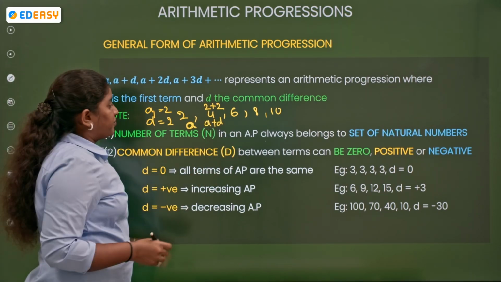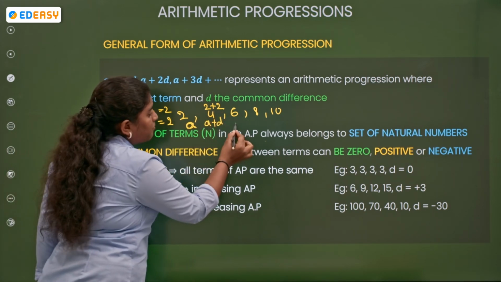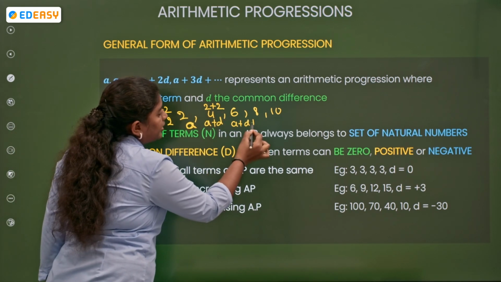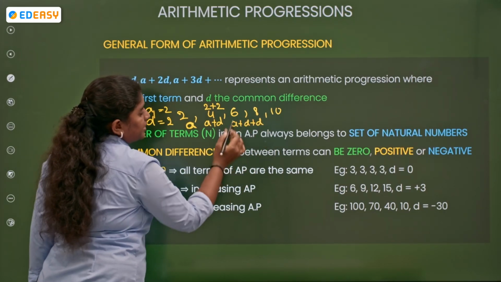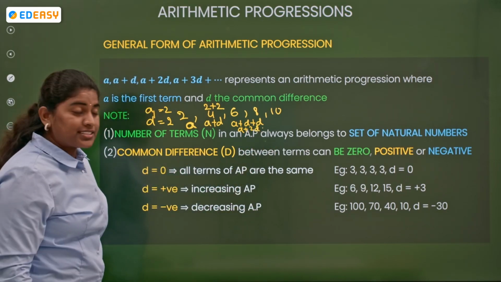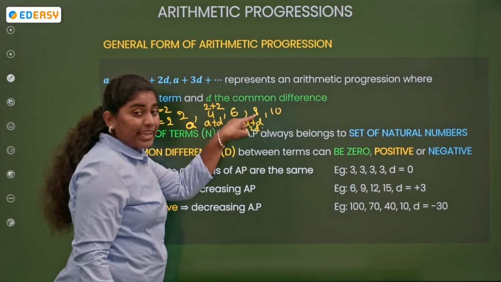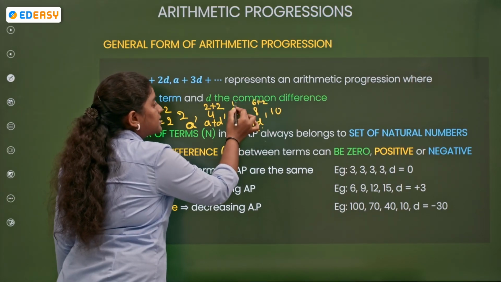And once again, how will I be getting 6? For this a plus d, once again I need to add d. So that becomes your a plus d plus d, which is nothing but your a plus 2d. And how will I be getting the 8? For 8 I am going to add the 2 to 6.